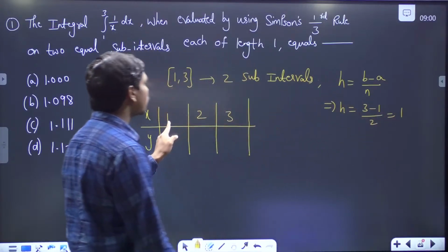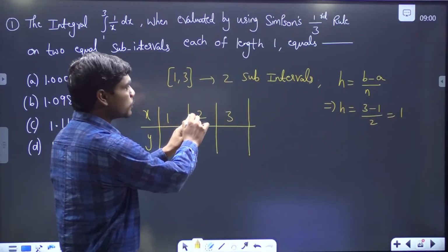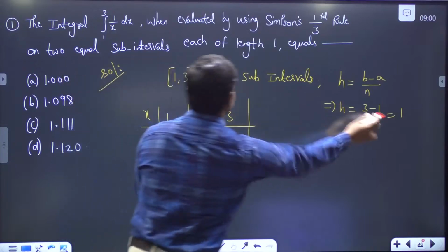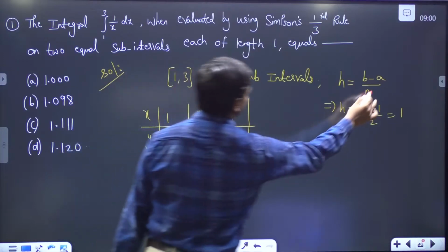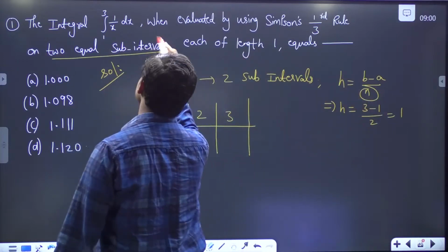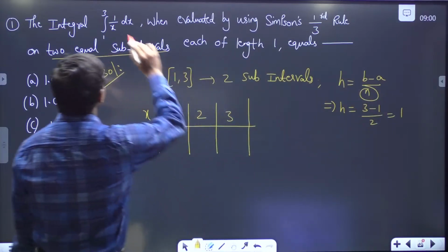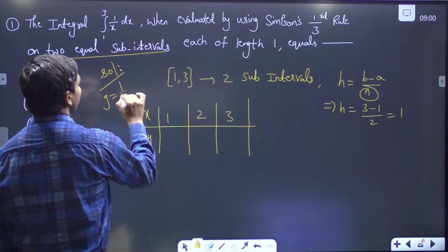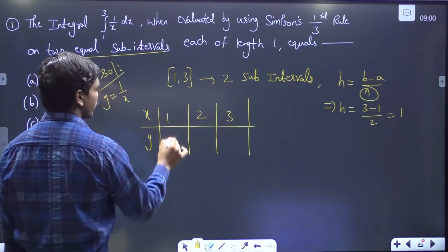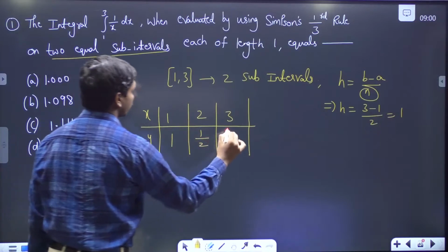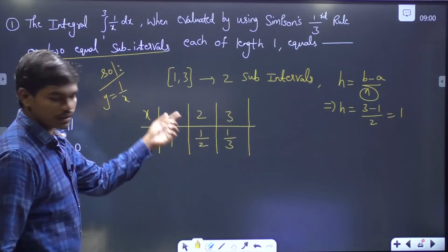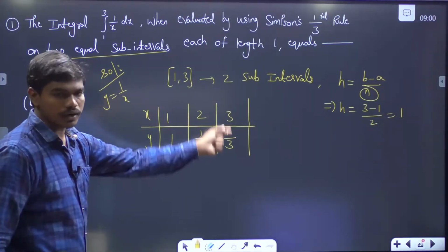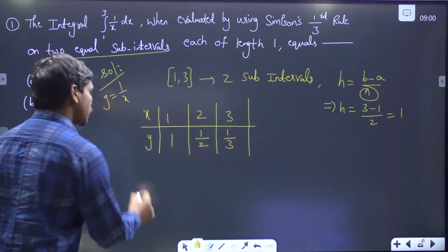So first x0 is 1, then x1 is equal to a plus h, the second value is a plus 2h, and the interval ended. And this n is already given in the question, two subintervals. Now y is equal to 1 by x. So let us calculate: 1 by 1, 1 by 2, and 1 by 3. Now we have x0, y0, x1, y1, x2, y2.